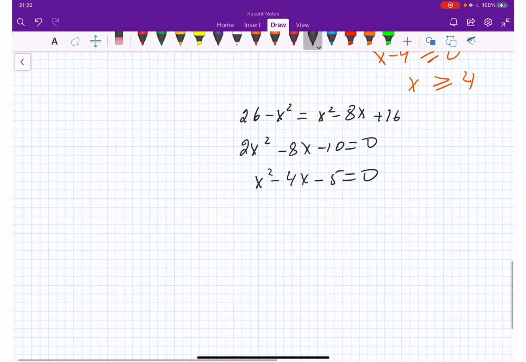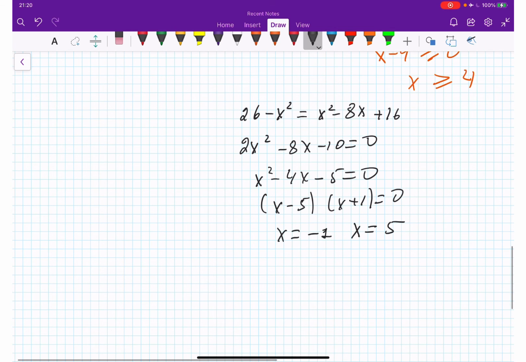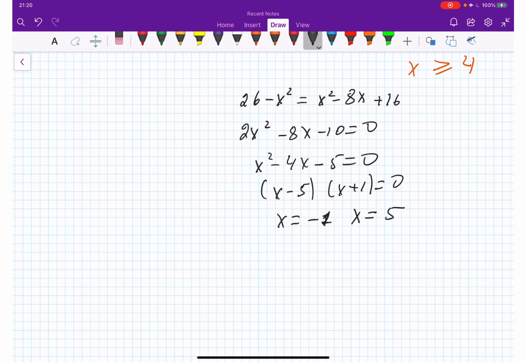And the result is, if we FOIL it, x minus 5, x plus 1 equals 0, and x is equal negative 1, x is equal positive 5. Okay, it's satisfying both conditions.